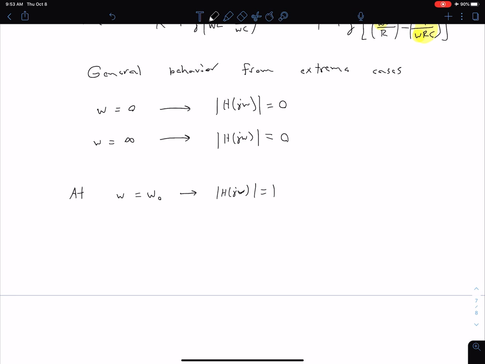That's basically saying really far on the left, small frequencies, we have 0. Really far on the right, for large frequencies, we have 0. Somewhere in between, there's got to be this sweet spot where our transfer function is 1 and it's passing frequencies through. So again, this happens when our omega naught is our resonant frequency.